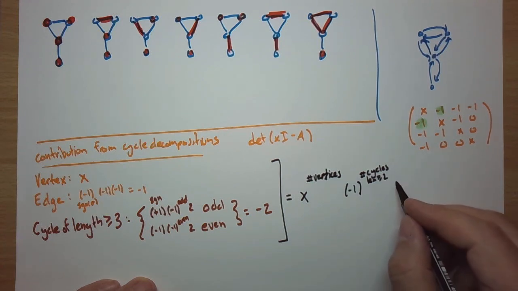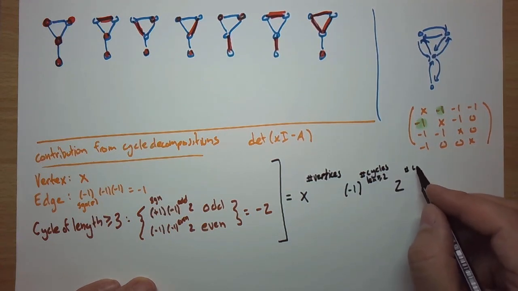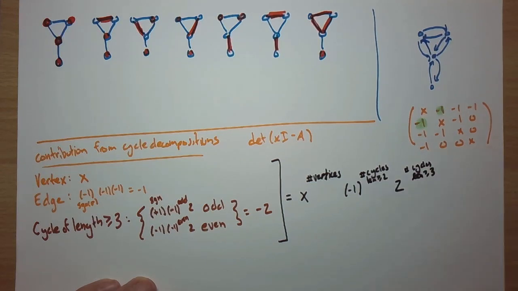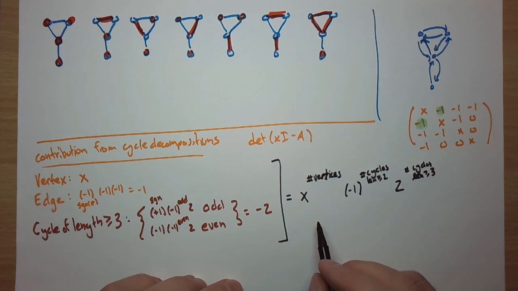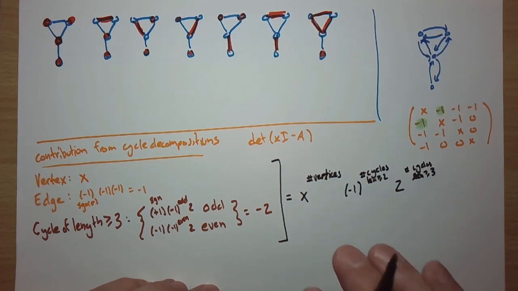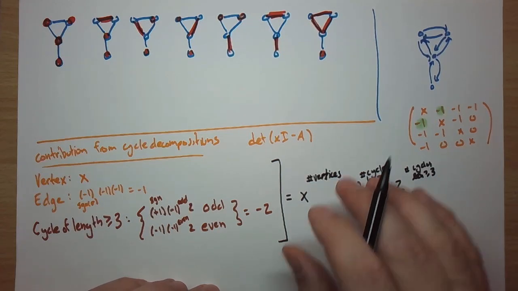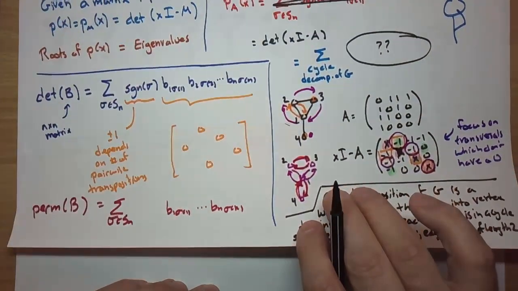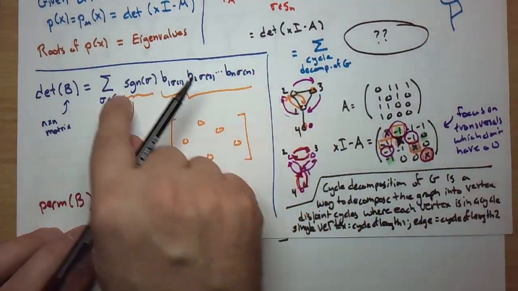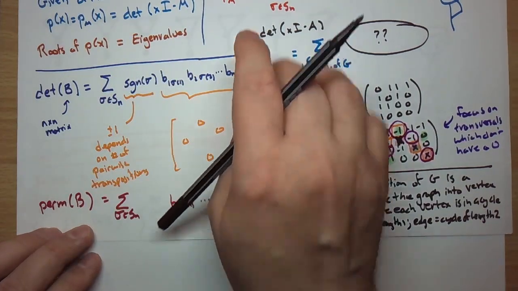And then 2 to the number of cycles of length greater than or equal to 3. That's the contribution from one single cycle decomposition. Sum over all cycle decompositions, and you will recover every possible one of these terms.